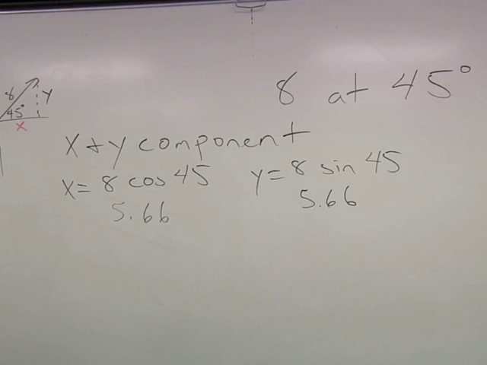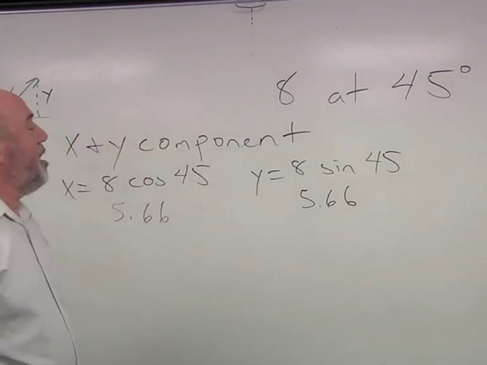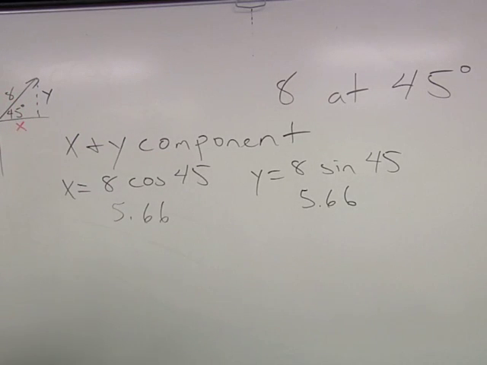So given this, we can come up with the x and y component. And so then, of course, given the x and y component, can we come up with the magnitude and the direction? Well, if I look in terms of this example, we got that this is a right triangle. And so if I know these two, I can get this by using Pythagorean theorem.